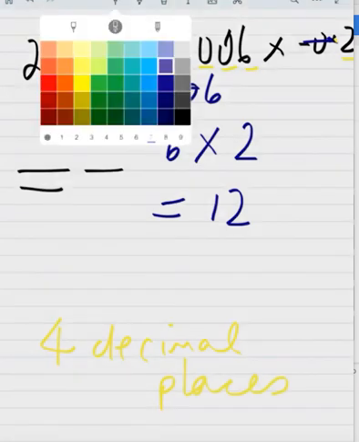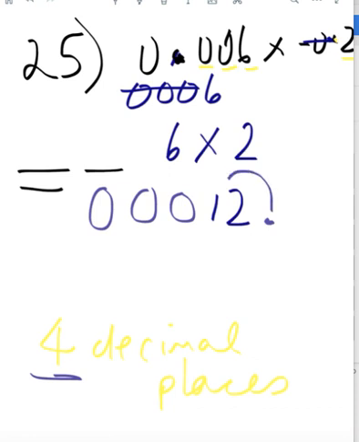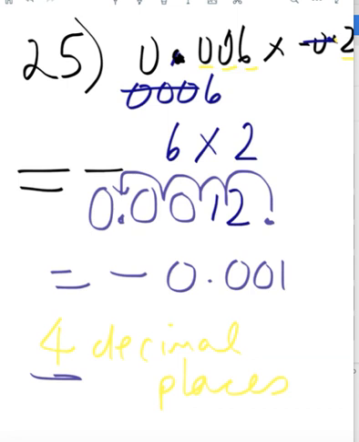So if I go to my 12, where is the decimal right now? It is here. And I have to bring it back 4 times to get the final answer. Okay, so if I rub off my equal signs, I'm going to add some zeros just to save me getting confused. And I have to bring it back 4 times. You ready? 1, 2, 3, 4. That's its new place. So I know my answer was a negative, so minus 0.0012. And that is the answer.